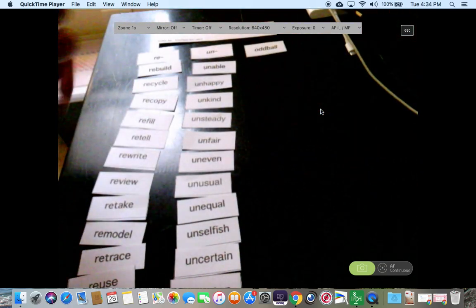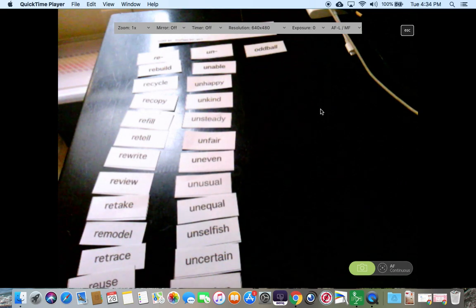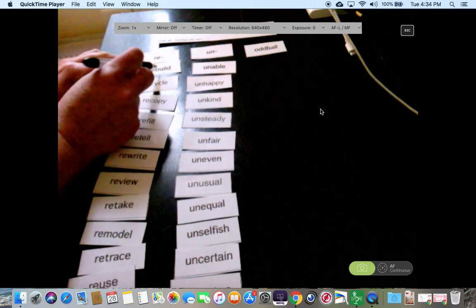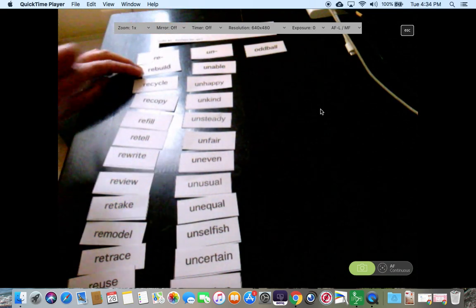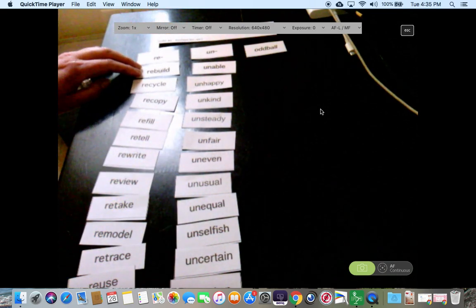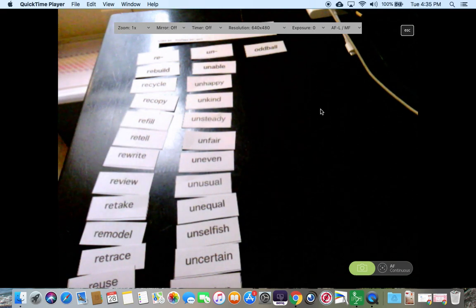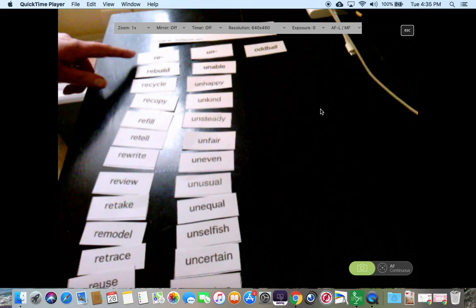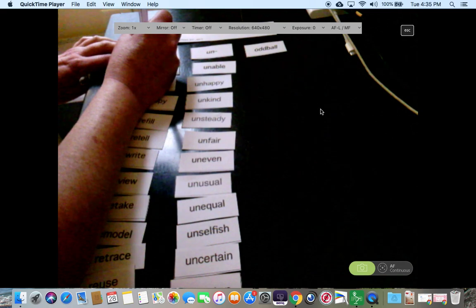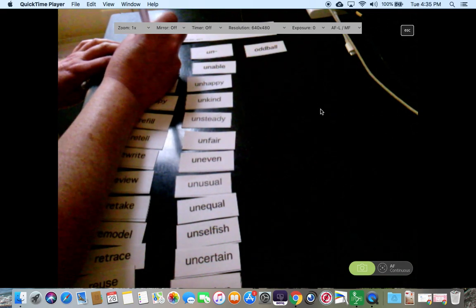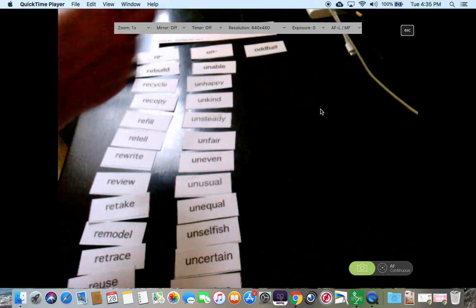Take a look at this first word, rebuild. If my base word is build, what do you think rebuild means? That's right, build again. So the prefix re, and you can write this down on yours, means to do something again, in a sense, to repeat it.